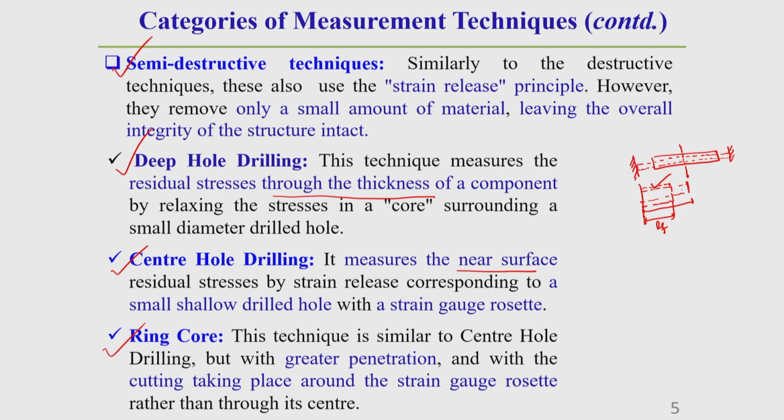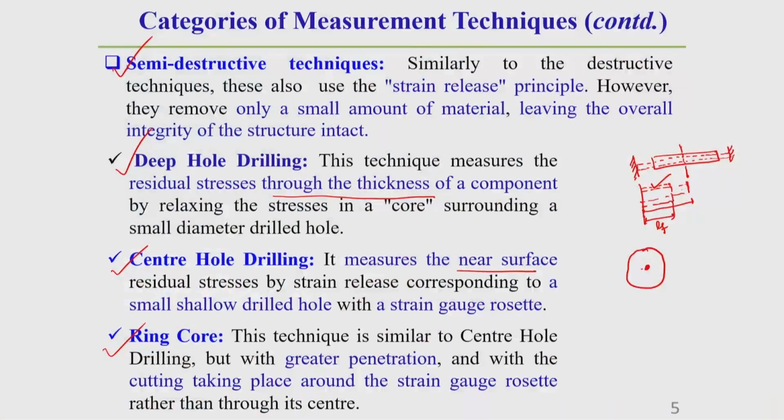Let us say a body is subjected to some residual stress. If we make a hole in this body, the stressed part will be cut, and it will return back to its original position. How much it returns back is measured by using a strain gauge.